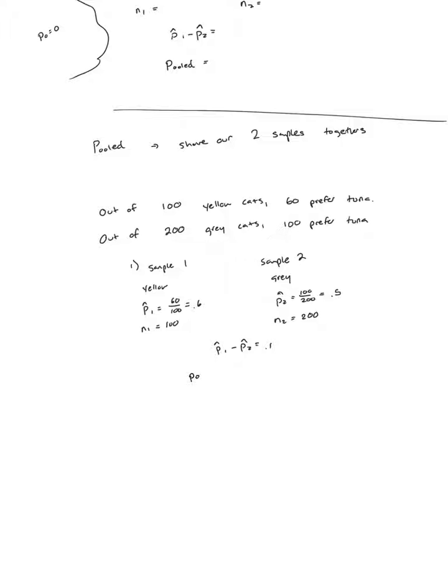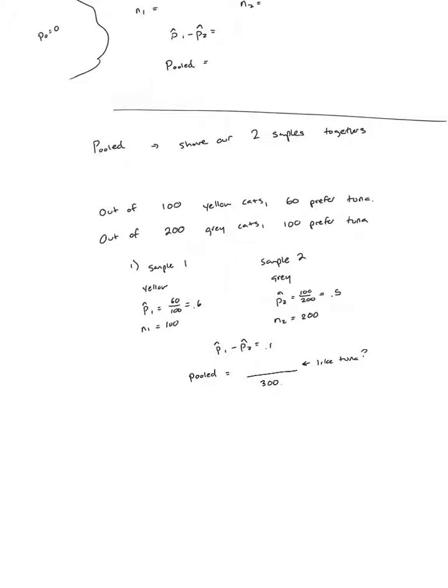The pooled proportion is what I would get if I shoved my two samples together. So if we think about it like this, I have a total of how many cats? Well, I have a total of 300 cats, right? And out of those 300, how many like tuna? Essentially, I've said, okay, I don't care about the color of the cat. Really, all I care about is cats in general.